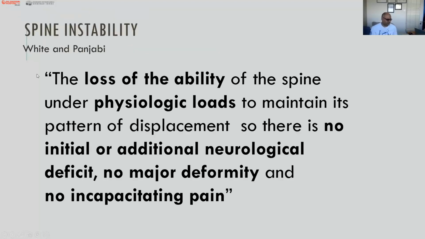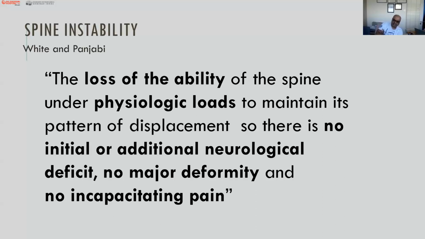Now we talked about spinal or disc degeneration. We'll talk about spine instability. White and Punjabi were the first ones to describe spinal instability, and they said that loss of the ability of the spine under physiologic loads to maintain itself, or cause abnormal displacement leading to additional neural deficit, major deformity, or incapacitating pain, is equal to spinal instability.